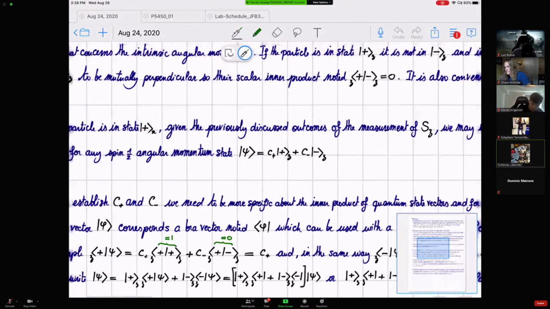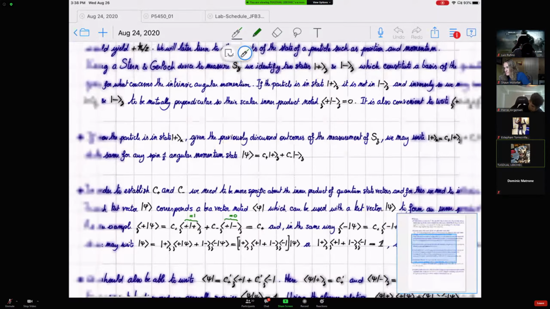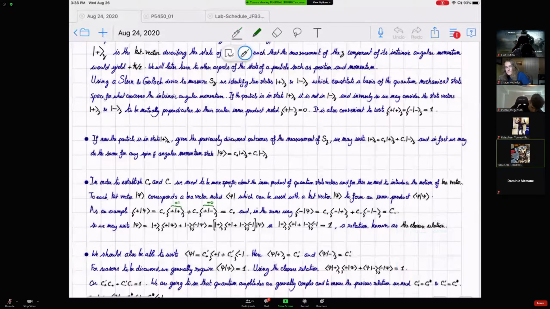Although all this may look a little bit foreign, it is very similar to what you have been doing with usual vectors.